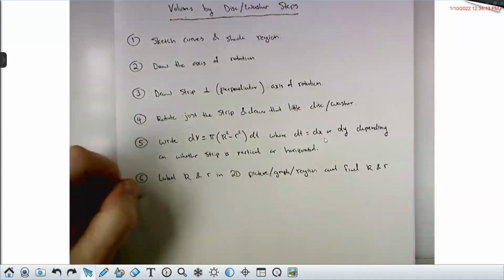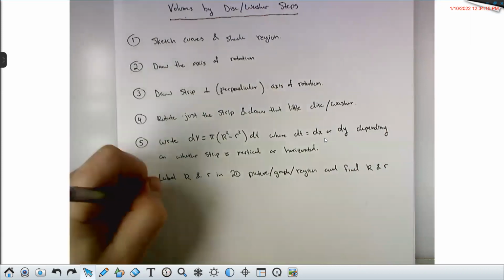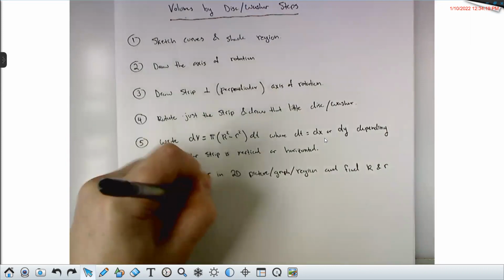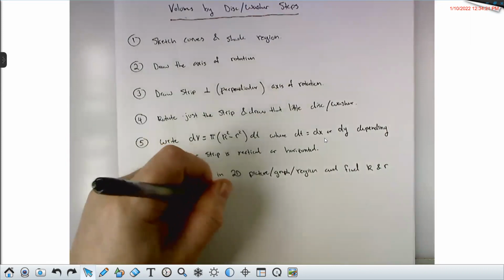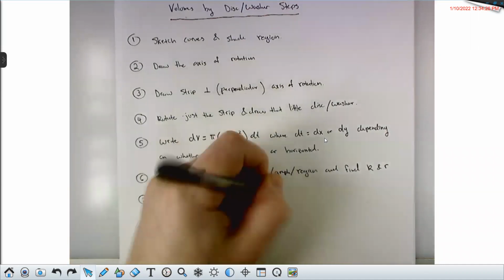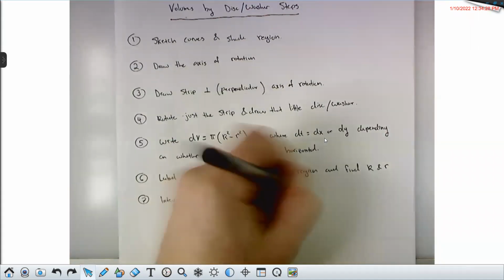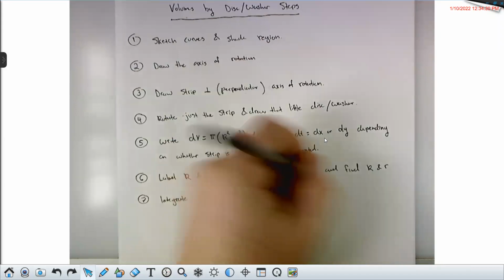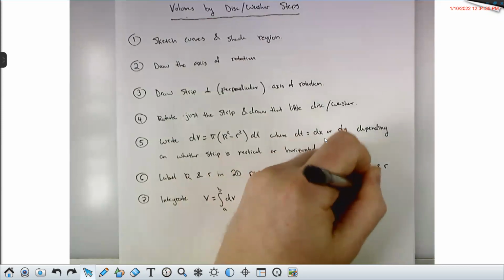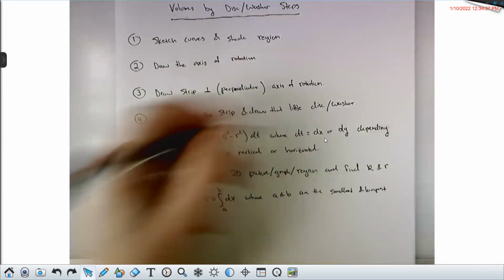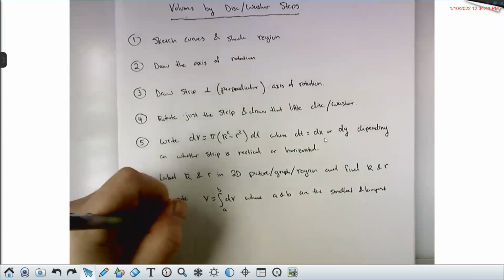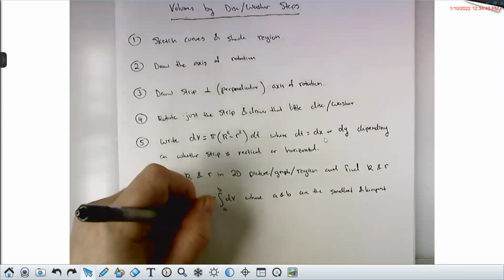And then finally, 7, integrate. You get V as the integral of dV from a to b, where a and b are the smallest and largest x or y value in your region.